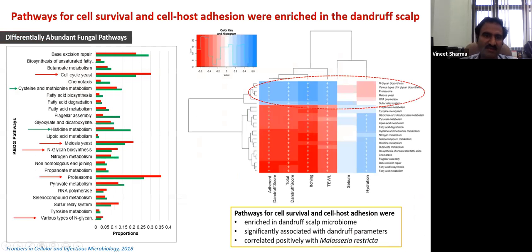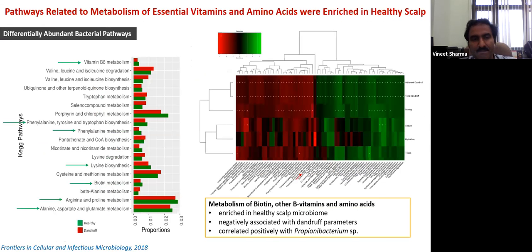And then we examined their functions and found that the fungal microbiome associated with dandruff is actually enriched in functions that help the fungus survive on the scalp, right? Like lichenysin synthesis, which is important for the attachment of the fungi to the scalp. And it was mainly contributed by Malassezia restricta, which was found to be more associated with the dandruff fungi.